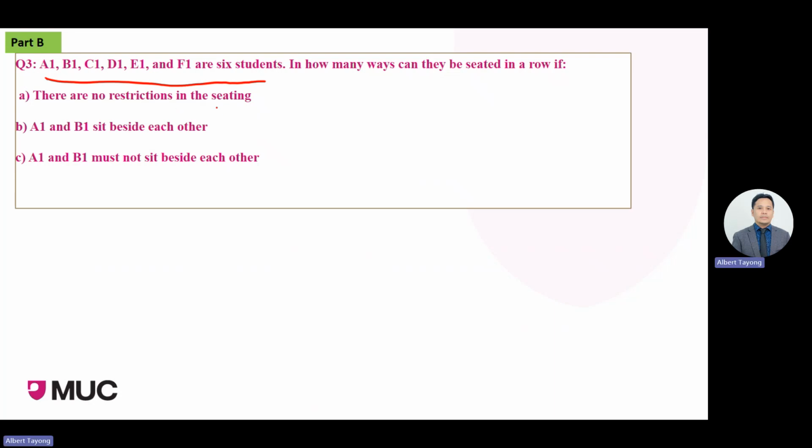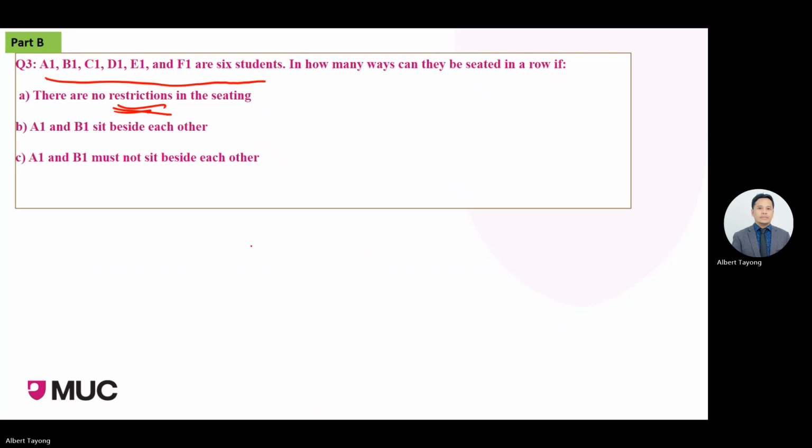If there are no restrictions and we rearrange our students, when I say restrictions here, A and B, for example, can sit beside each other, or it's fine if they don't sit beside each other. That's the meaning of the restrictions here.